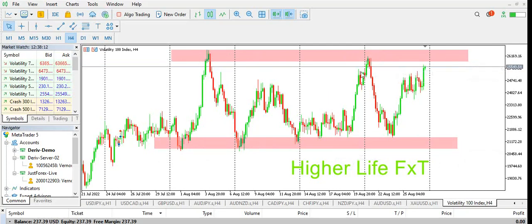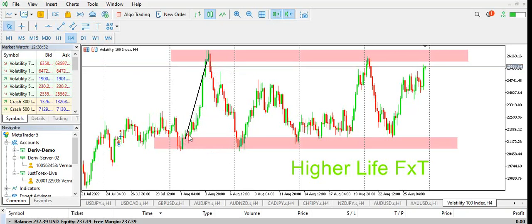As I have already explained in the previous video, every time we hit a support area and the price fails to break below the support area, it is a good chance for us to get in the market and buy, because it is going to go up and touch the resistance.